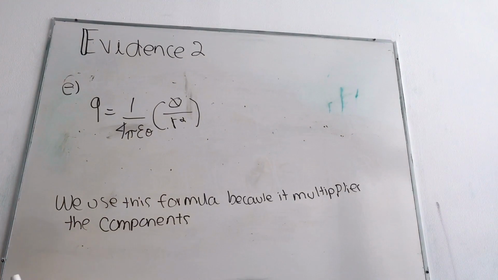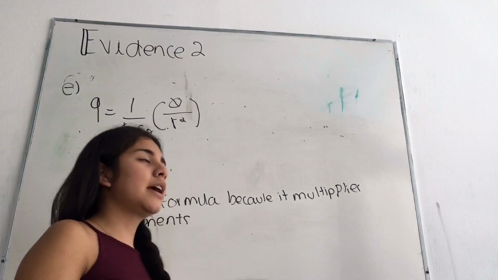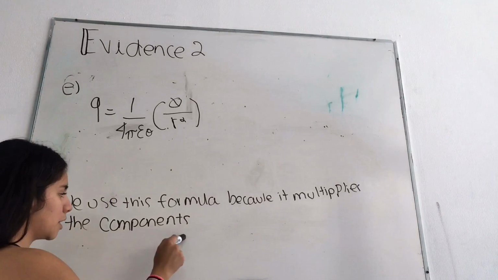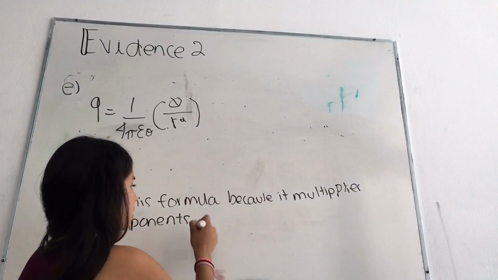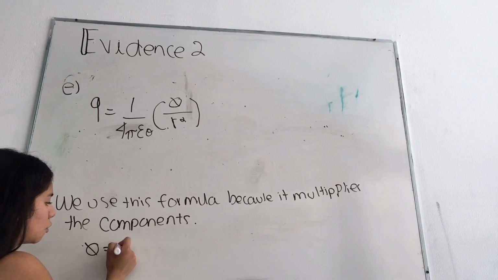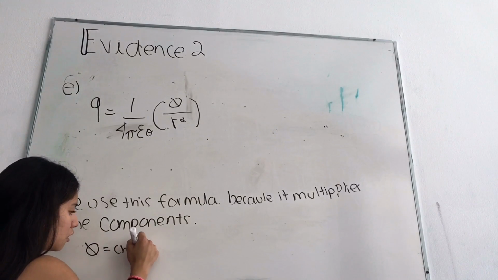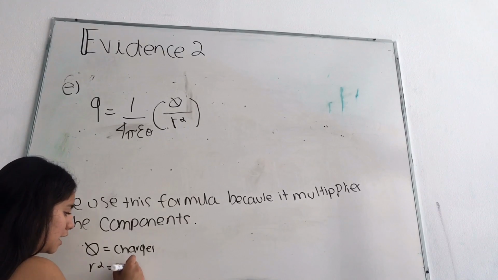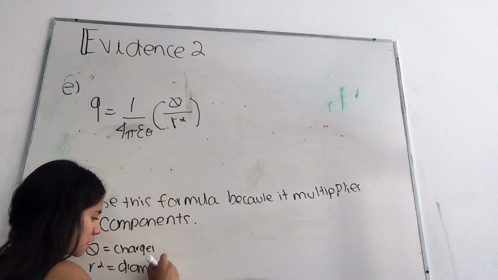And it says that you have to justify your answer, and we use this formula because it multiplies the components. So Q is equal to the charge, and the R is equal to the distance from the center of the sphere.